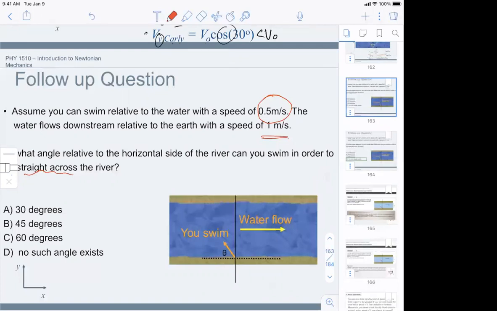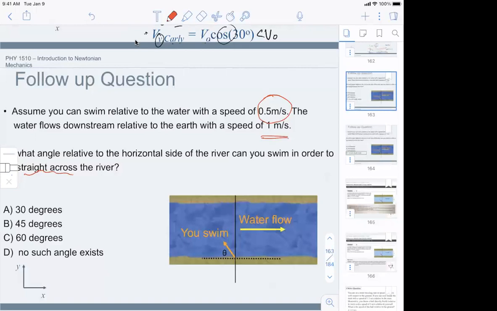I used the water flow as a y component, and then I set it equal to 0.5 times sine of theta, because that's the y component of the velocity. The 0.5 is in reference to the magnitude of the velocity. So this is 9.5, and this is the u relative to water.